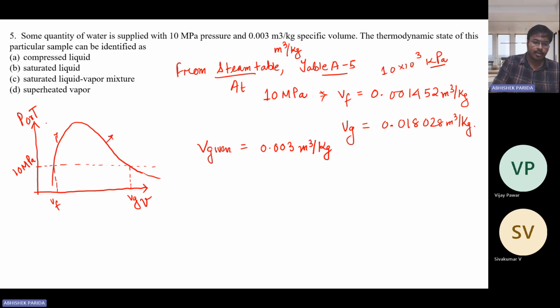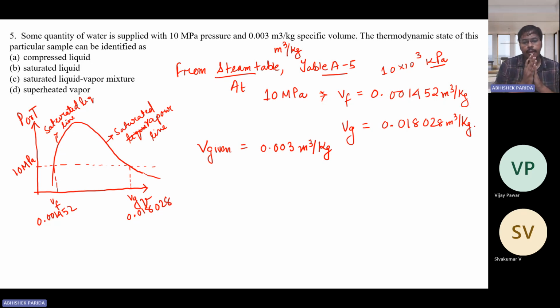So this is the saturated water line or saturated liquid line, and this is the saturated vapor line. Here this value is 0.001452 and this value is 0.018028.